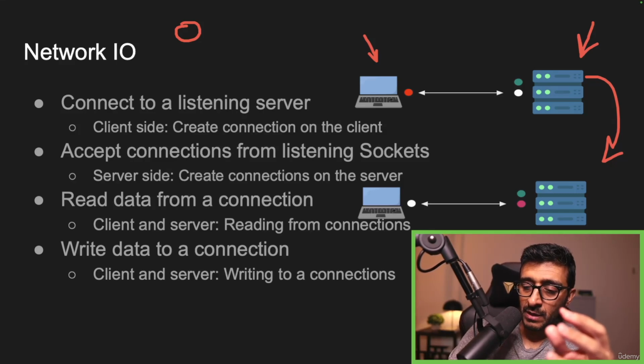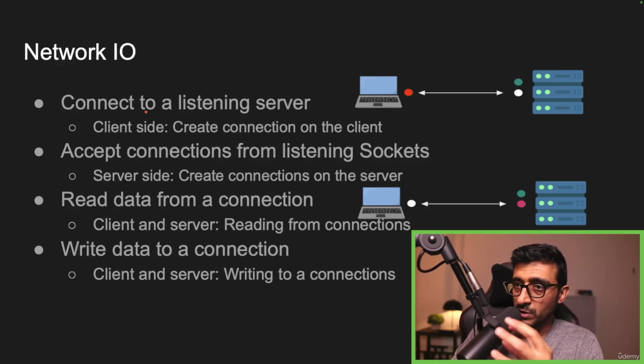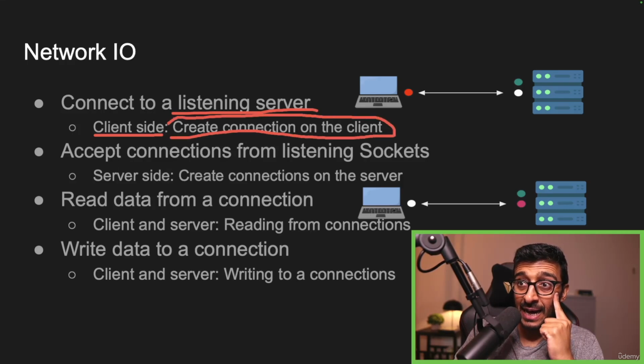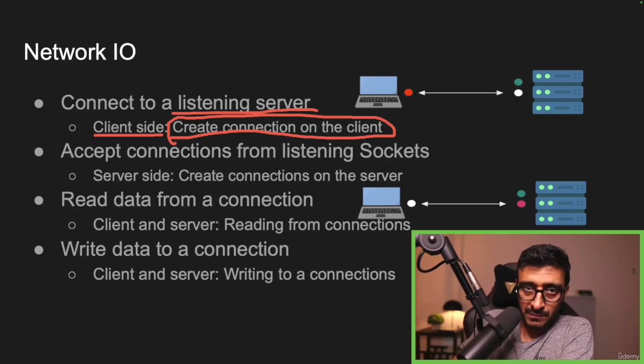All of this is because I have this client or server. If I am at the client side, I can choose to connect to an existing listening server. And that creates a connection on the client side. So I am at the client side and I want to connect to a server.